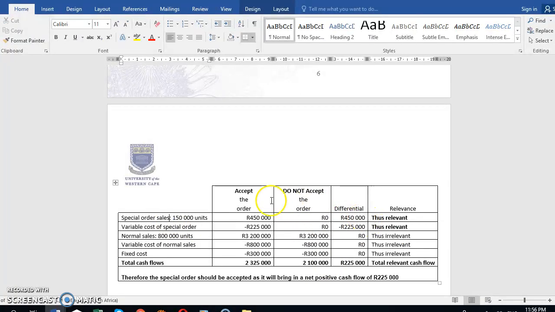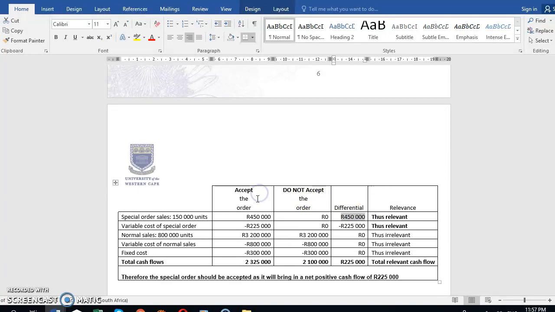So the differential will be 450,000 inflow, and therefore that's relevant. Why is it relevant? Because it's a future cash flow that differs between these two alternatives.